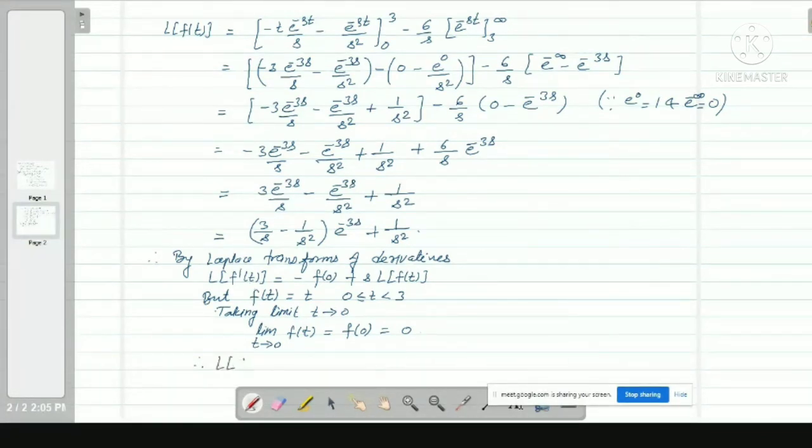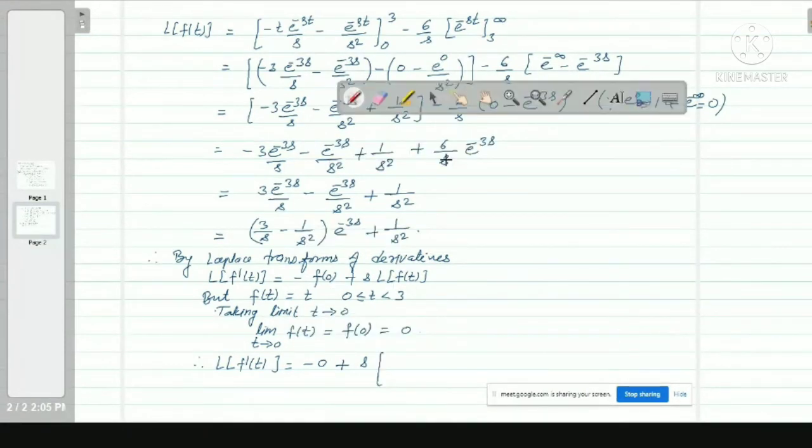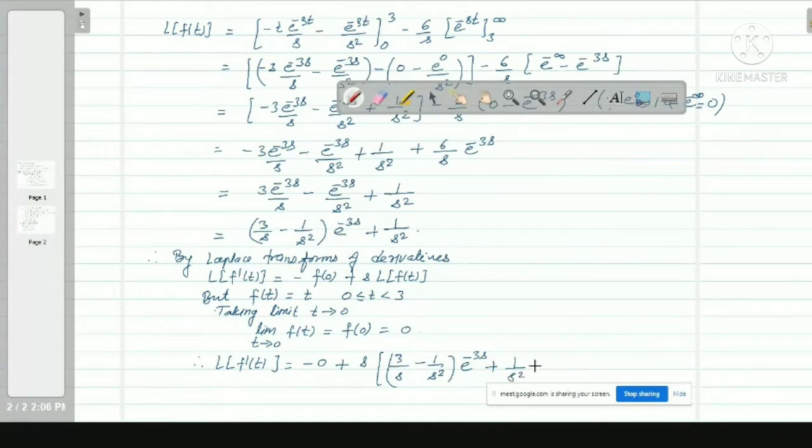Therefore, substituting all the values, the Laplace transform of f dash of t is equal to negative f of 0, which we found to be 0, plus the Laplace transform of the function, that is 3 by s minus 1 upon s square, into e raised to minus 3s, plus 1 upon s square.